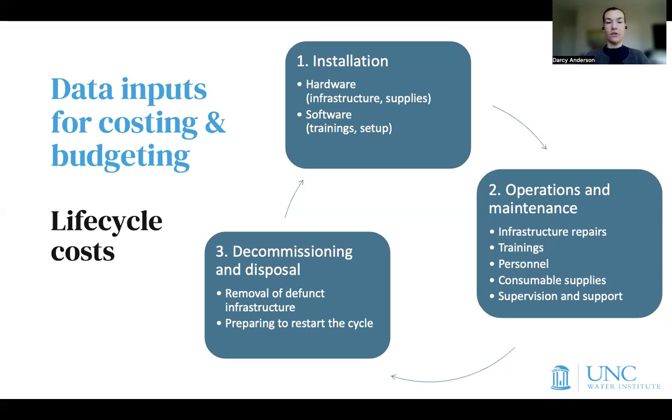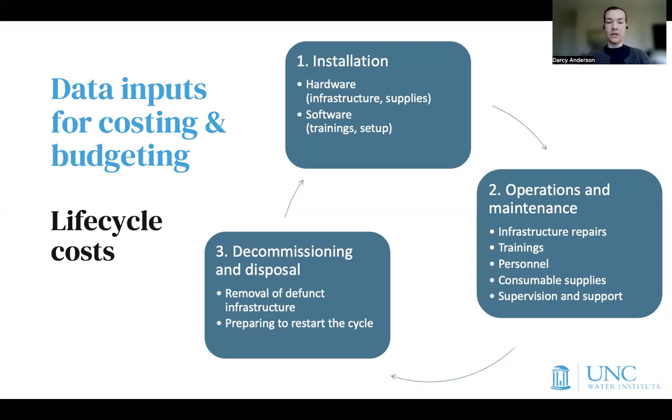That's the cost of infrastructure, consumable supplies like soap or detergents that may be provided alongside the infrastructure, and then software, things like training, setup, testing, if there's any sort of licensing or site preparation that needs to be done before construction. These are all installation costs.